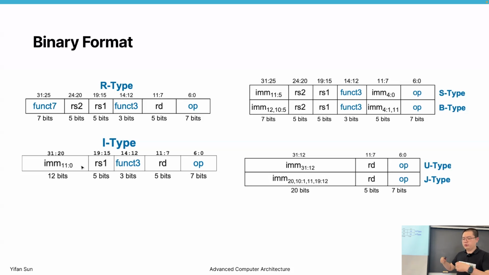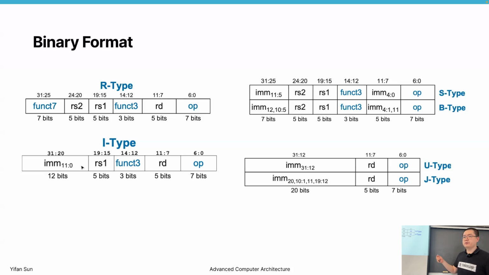Looking at the assignments ahead, eventually you're going to work on a disassemble assignment. After that, you will be working on an emulation assignment. Basically, if I give you a binary format of the code, you first need to disassemble the instructions.